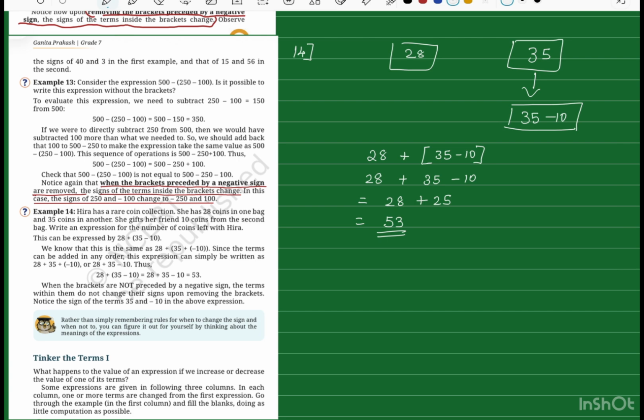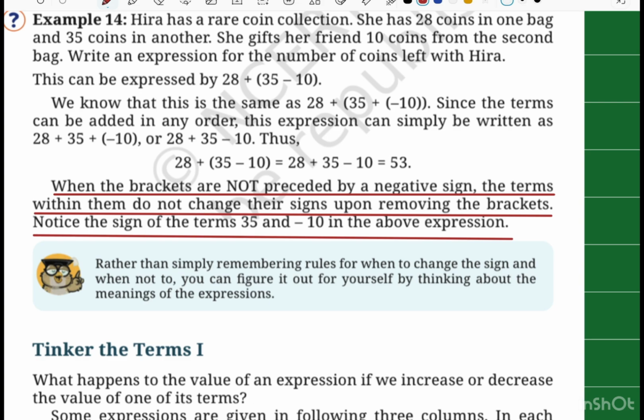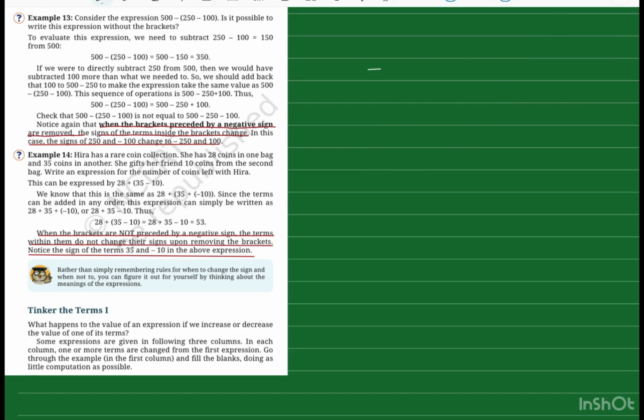When the brackets are not preceded by a negative sign, the terms within them do not change their signs upon removing the brackets. Minus of a plus b will become minus a minus b, as the signs of the terms in brackets are changed. For minus of a minus b, the signs change: a becomes minus a and minus b becomes plus b.